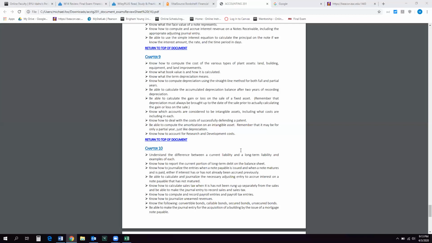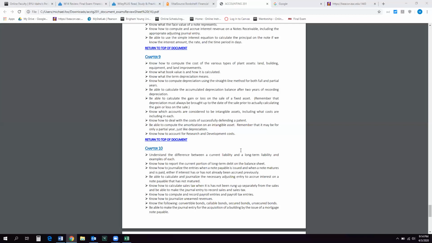And then my accumulated depreciation account will be correct up to the moment of the sale. Then I'll take my cost less the accumulated depreciation, and that will give me my book value. If I sell it for more than that book value, then I've made a gain on the sale. If I sell it for less than the book value, then I've had a loss on the sale. And if I sell it for exactly the book value, then I've had neither a gain nor a loss. So be able to calculate that.